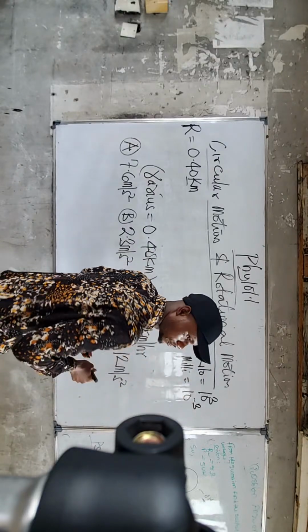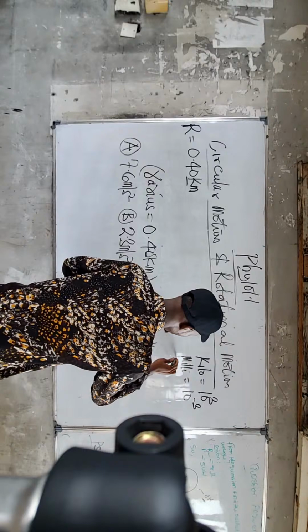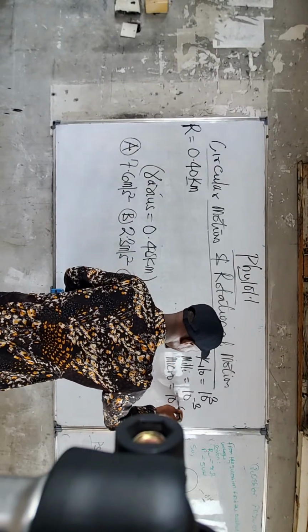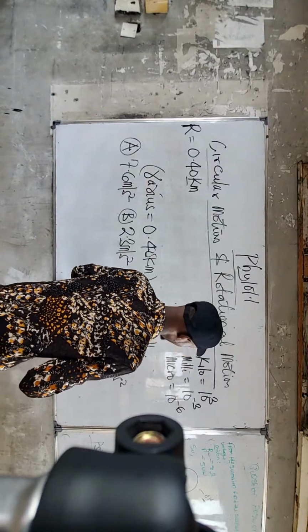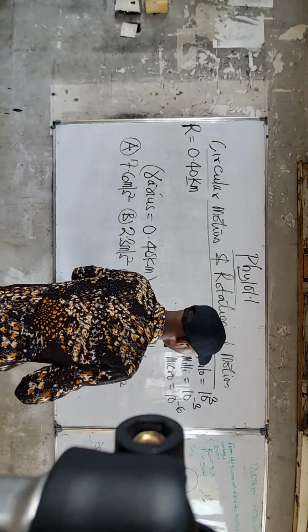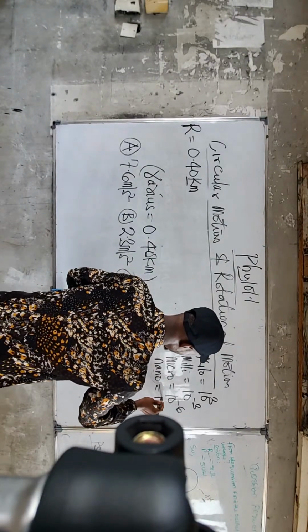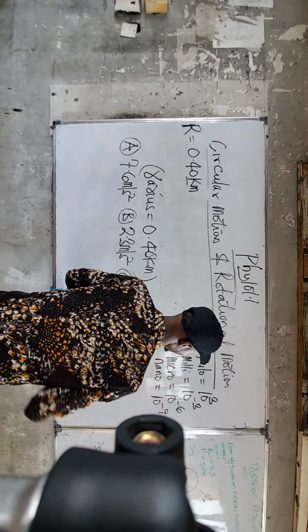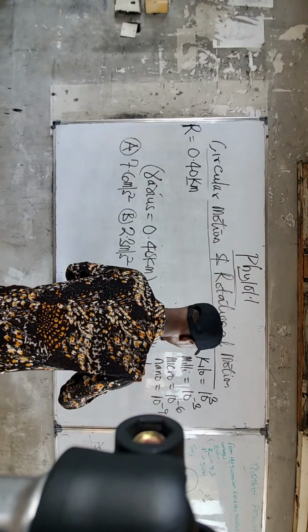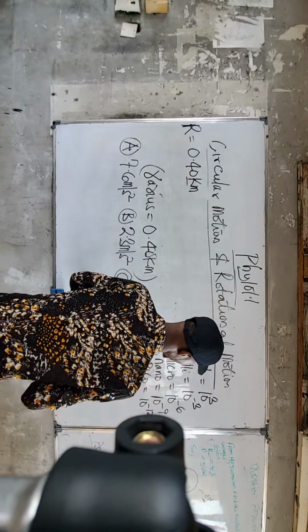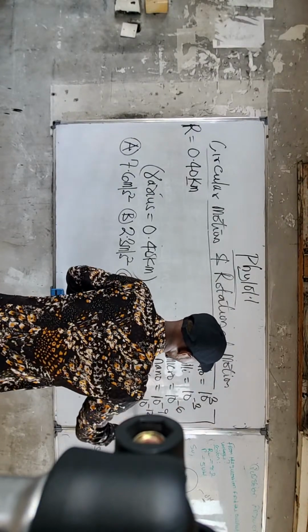Micro is 10 raised to the power of what? Minus 6. Nano is 10 raised to the power of minus 9. Pico is 10 raised to the power of minus 12. So these are the prefixes you need to know.